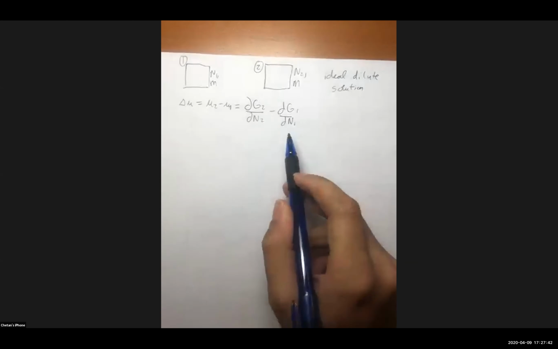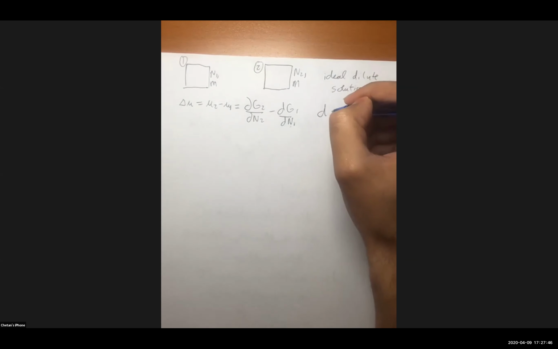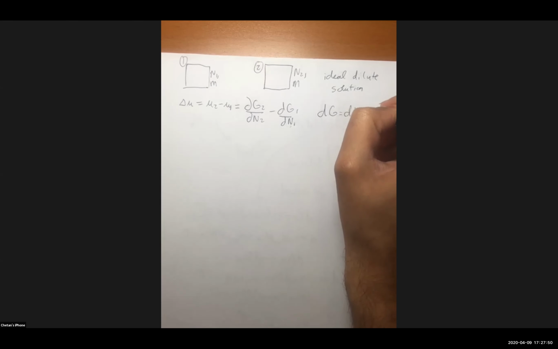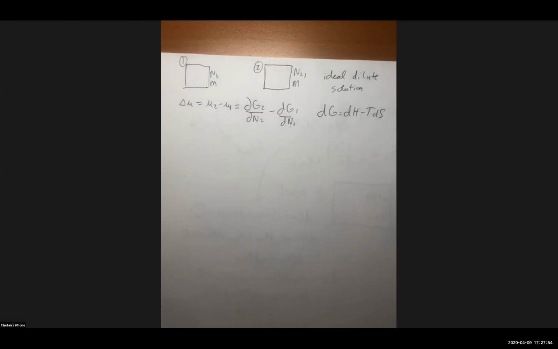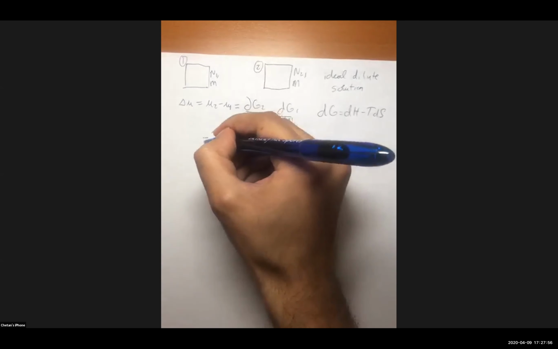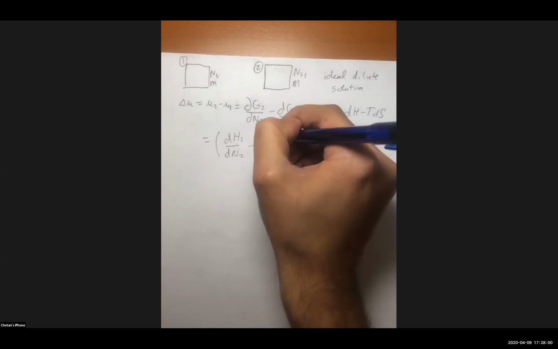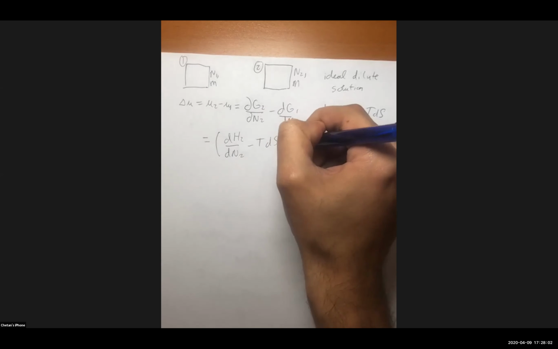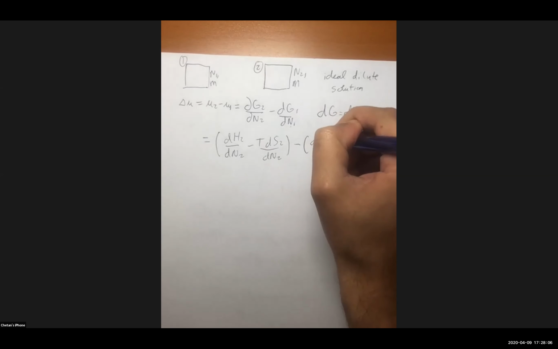And we can actually substitute in for this expression dG is equal to dH minus T dS. So this is just your Gibbs free energy equation, except with derivatives. We can plug into this equation. We'll get dH2 divided by dN2 minus T dS2 over dN2. Simple substitution, do the same thing for the other side.